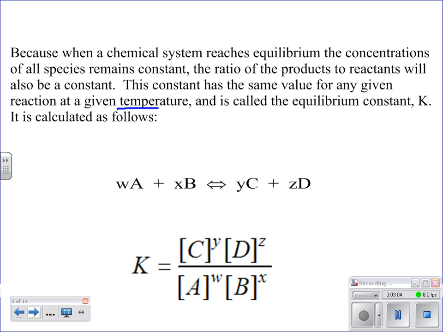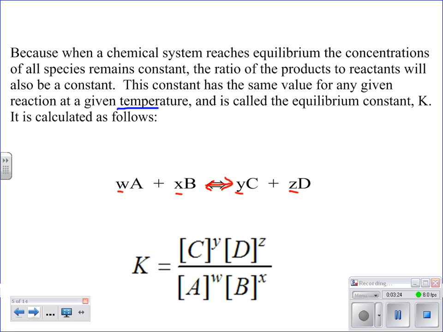So when we talk about calculating an equilibrium constant, one of the first things we'll do is write an equilibrium constant expression, and we're going to use this formula that we see right here. We've got this reversible reaction, so we've got a double-sided arrow, and these w, x, y, and z are coefficients.